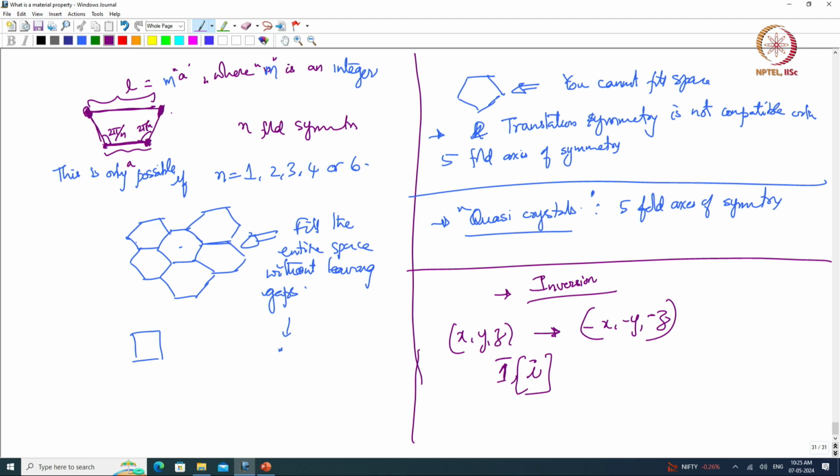Now, I have a point, and about this point if I have inversion symmetry, I am going to represent it as a stereogram as follows. Okay, so, inversion symmetry means if I have a point x y z, it goes to minus x minus y minus z.